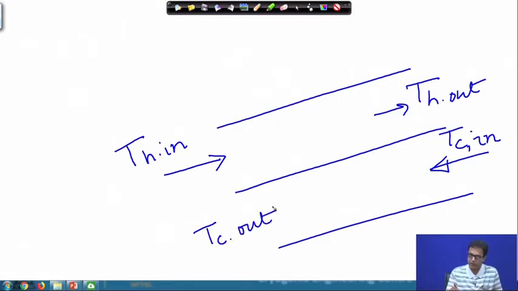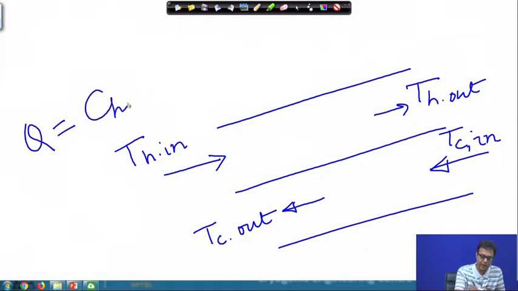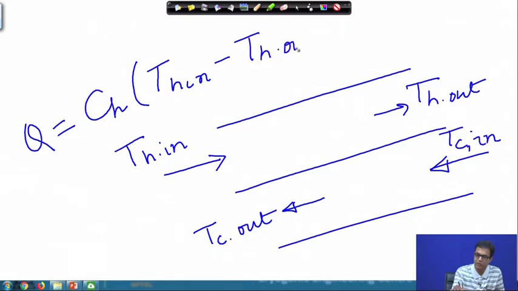So, the actual heat that is getting transferred, or the enthalpy change that we have said already, Q, can be related as C H times T H in minus T H out.